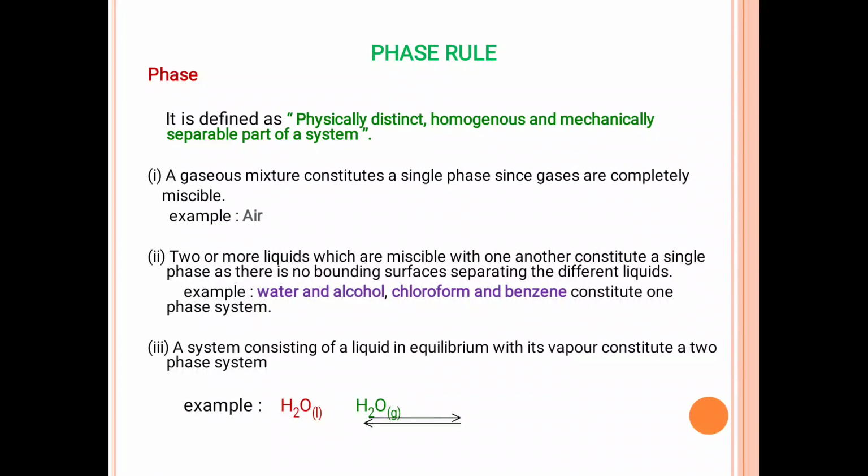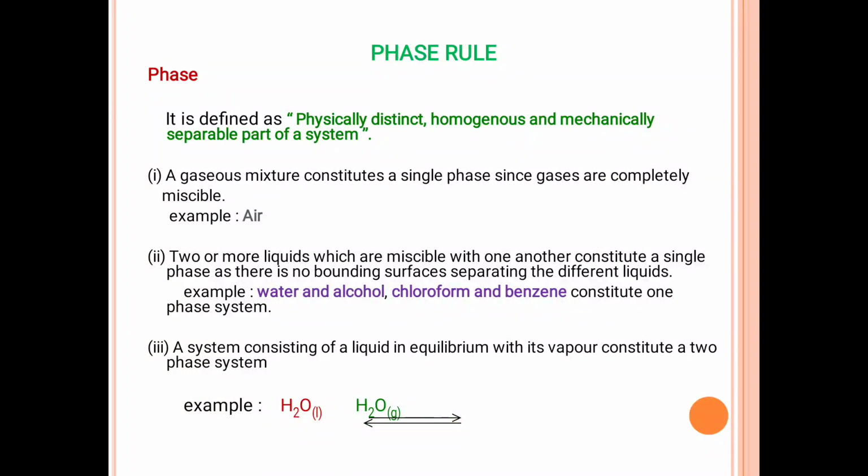We have to know what is a phase. So a phase is a homogeneous, physically distinct and mechanically separable part of a system which is separated from the other parts of the system by definite boundaries. That means a phase must have a definite boundary.